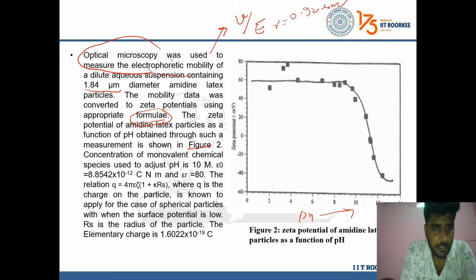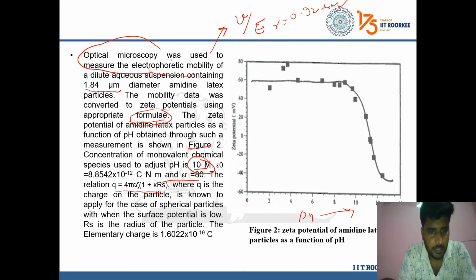The monovalent chemical species used to adjust pH, its concentration is given here, and epsilon naught is 8.84, the standard value. So the relation is given here, where Q is the charge on the particle, and it applies to spherical particles when the surface potential is low.